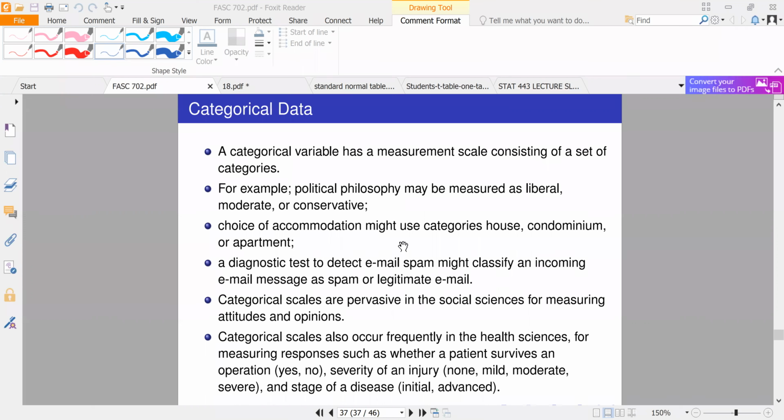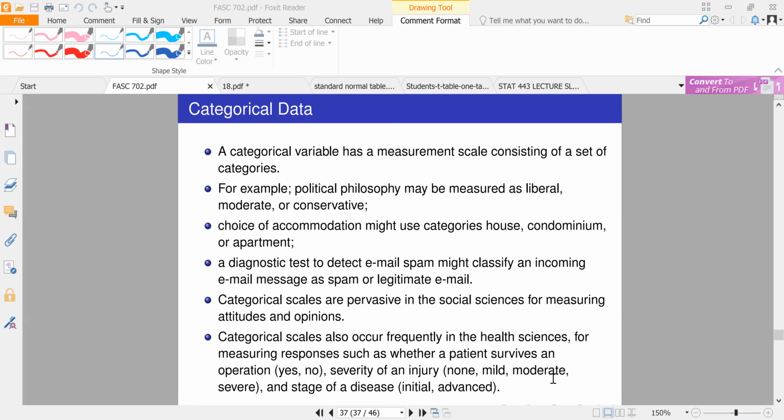So we are saying that in scenarios where you cannot quantify the observation because of the nature of the research that you're conducting, then you can apply categorical data.